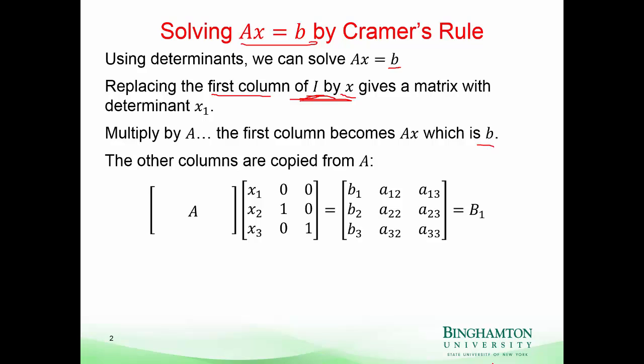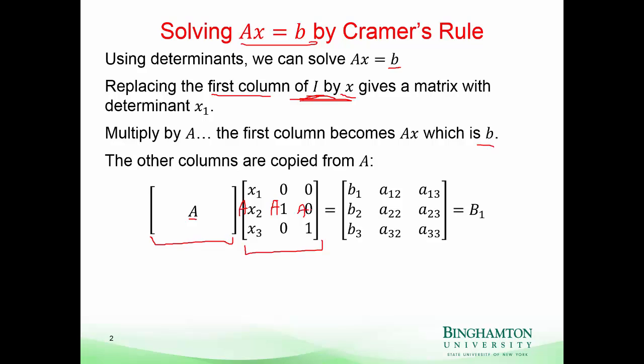Now again, we're setting something up. This is not what you have to do every time. This is just the setup. So we imagine taking A times, here's our modified identity matrix. We know that when we multiply A through, A will multiply each column.